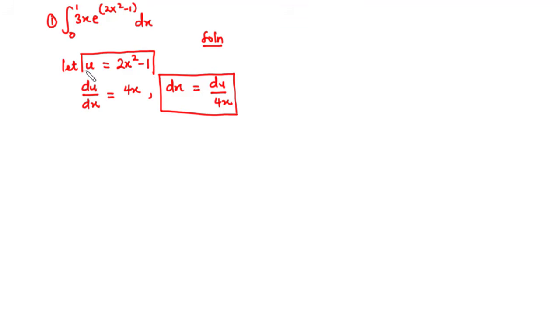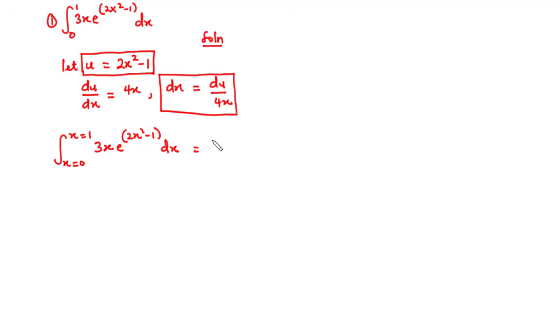Now at this point, we are going to substitute u and then dx into this integral. So we have the integral from x equals 0 to x equals 1, that is the limits of the original integral, of the function 3 times x times e to the power 2x squared minus 1 dx.